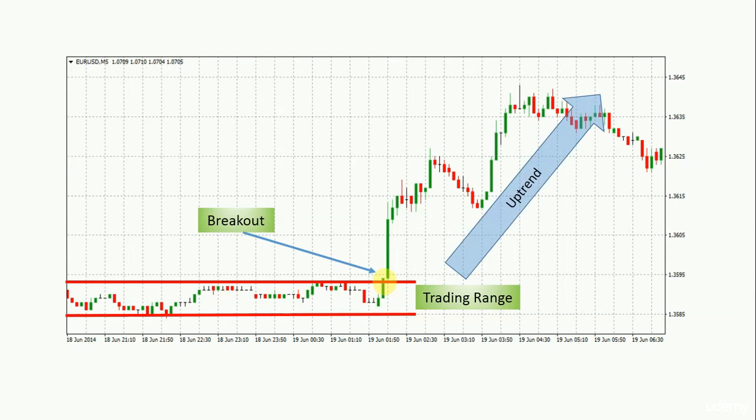Beginner traders are always trying to predict the beginning of new trends. This is what they think about most of the time. If the market is in a trading range, they expect every test of a trend line to be a breakout into a new trend. And if the market is in an uptrend, they interpret each pullback as a reversal signal to begin a new downtrend.